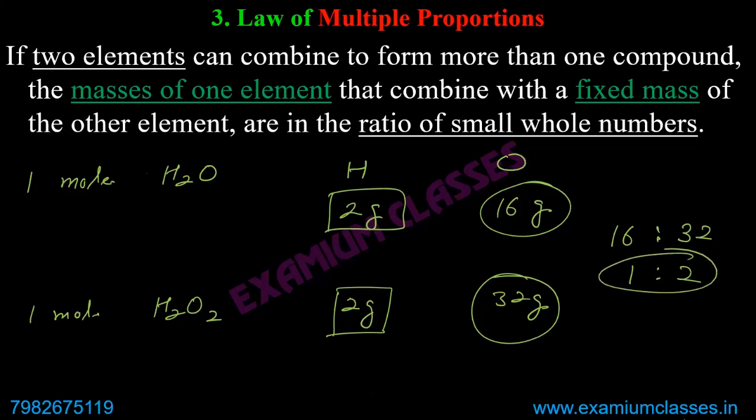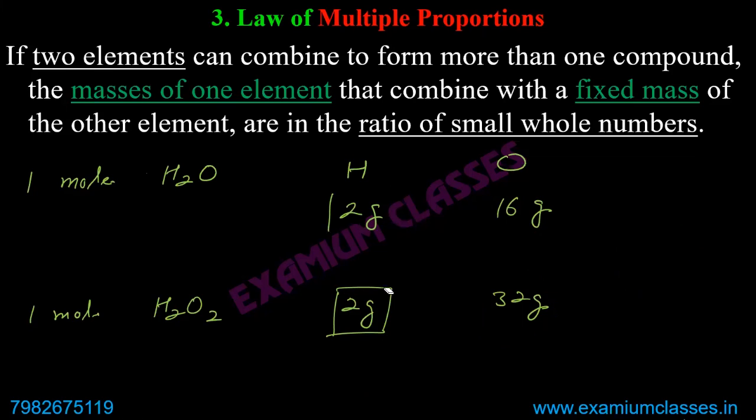So if we fix the mass of one element, the ratio of the masses of other element will be a small whole number. Okay, ratio of small whole numbers. Sir, how can this be checked? Can we fix the mass of the other element, sir? You can fix anyone, right? Suppose you want to fix the mass of the other element.